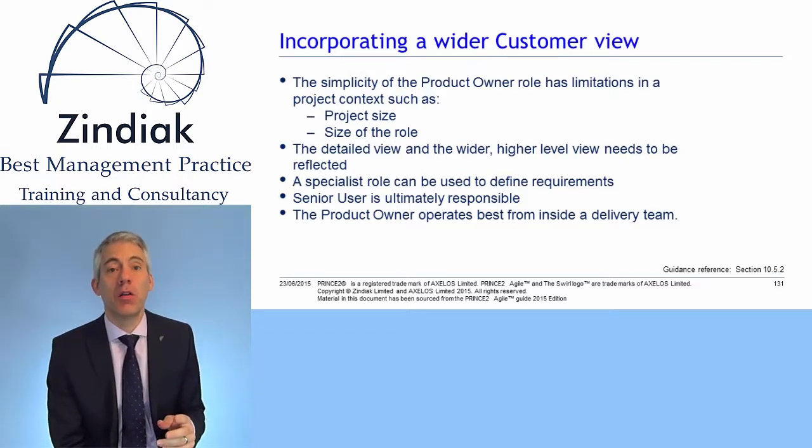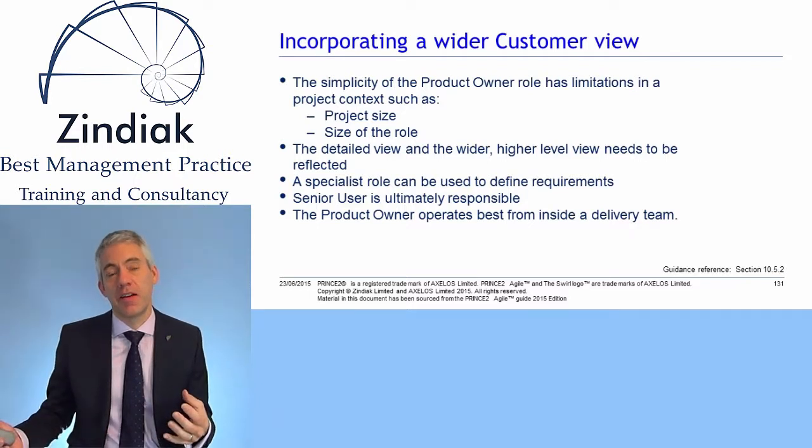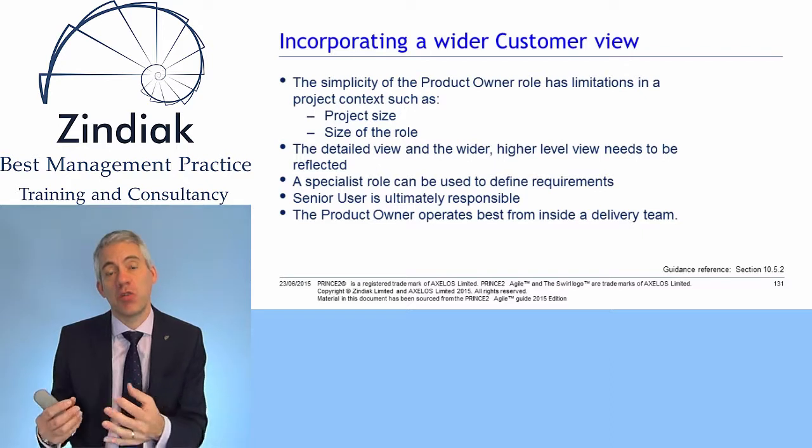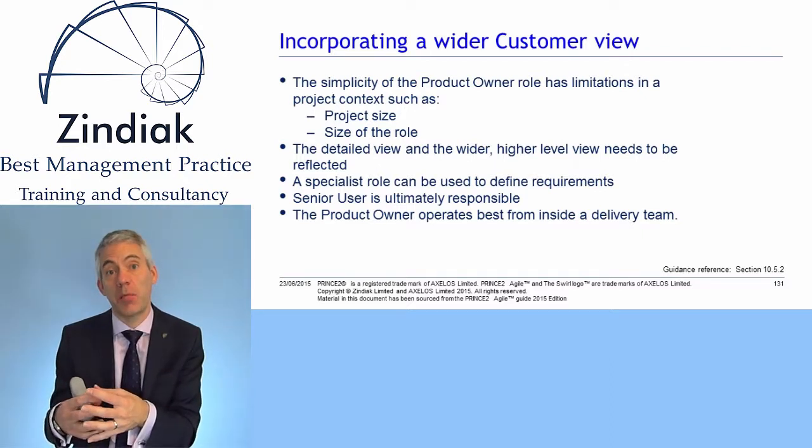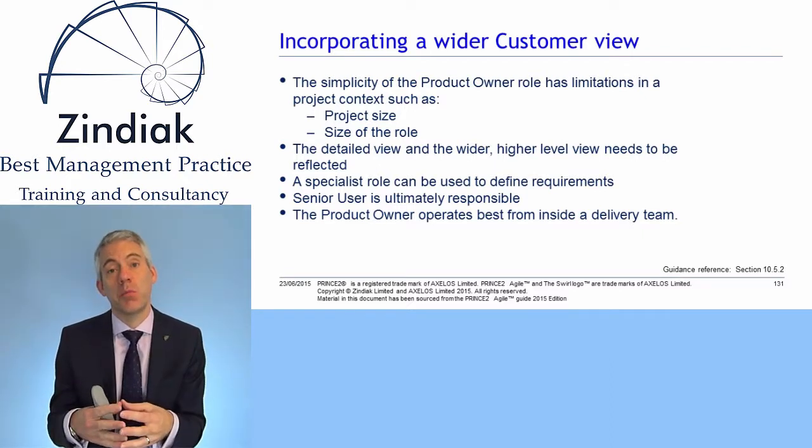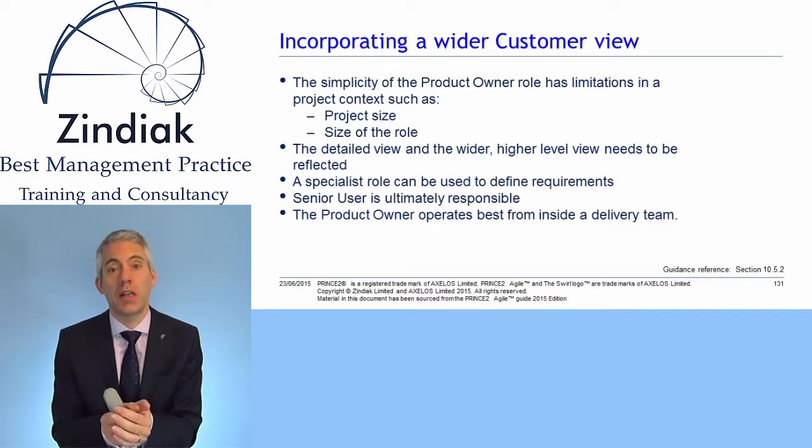We'll just pick up on one more point, which is the bottom point on the slide, that the product owner operates best from inside the delivery team. So what that's saying really is, and it's about collaboration, not just the supplier collaborating, but collaborating with the customer and working closely with the customer.